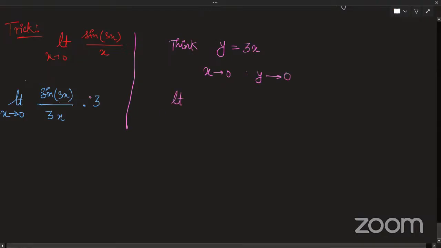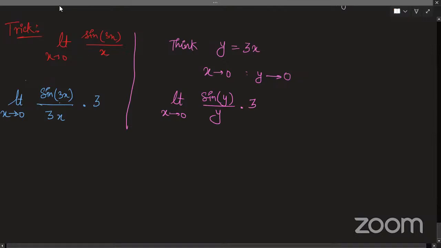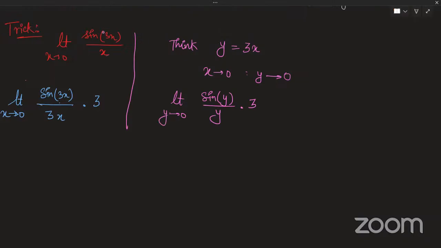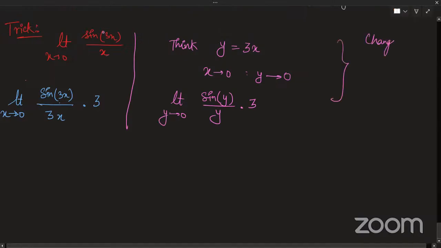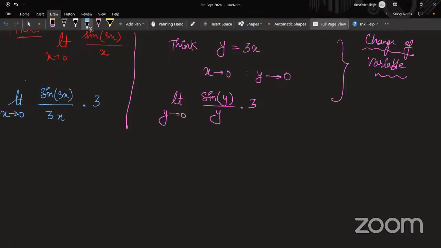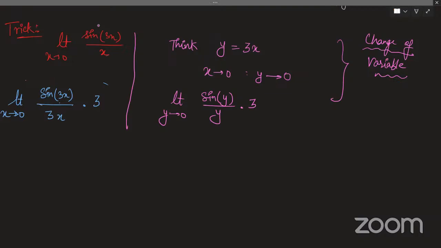So I have limit of x tending to 0, sine of y by y into 3. And now instead of writing x tending to 0, I can write y tending to 0. That is how we change the variable. So can you help me evaluate this in y?